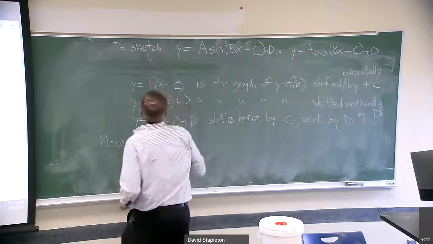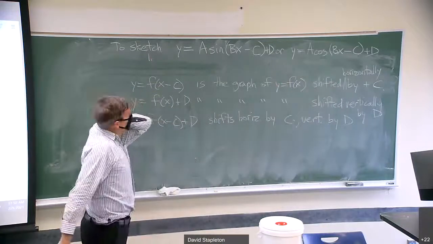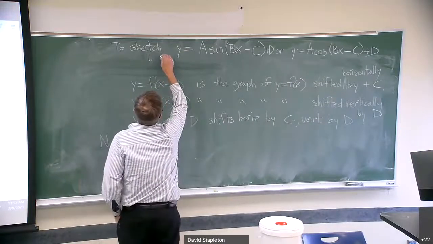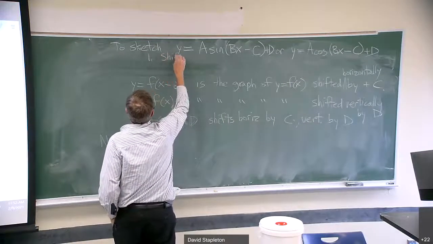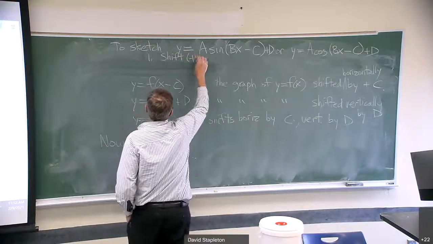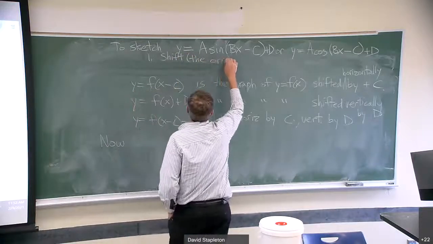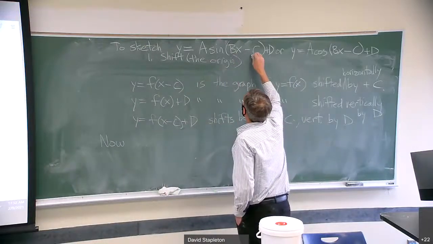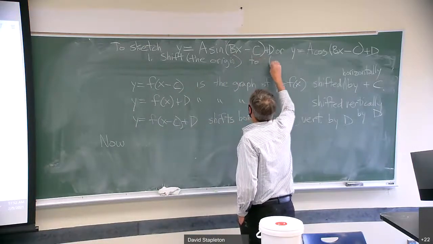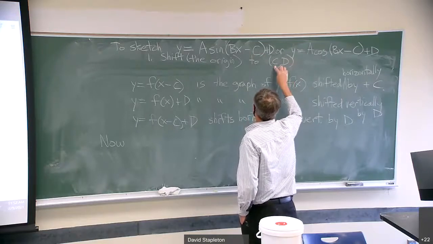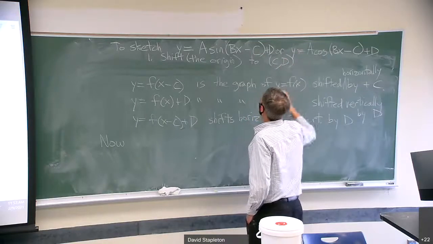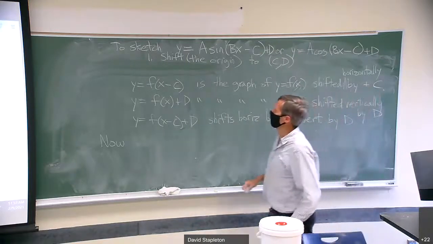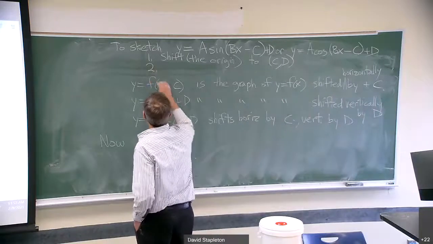And so we just have to do the same 3 steps as before, but first we do a shift to accommodate. We shift really the origin to the point (c, d), c horizontally and d vertically. Then proceed with your graphing strategy that you did before.